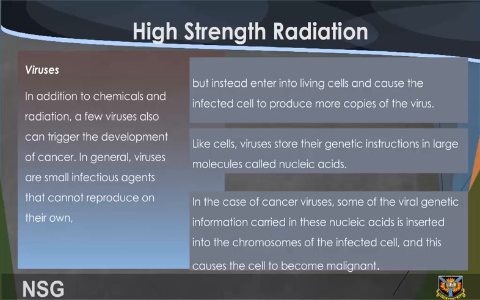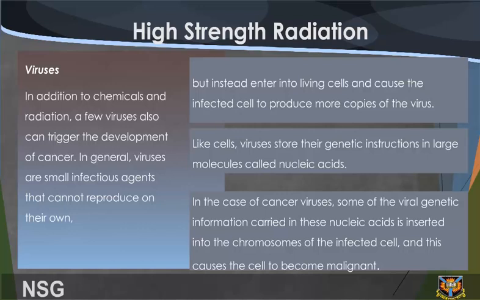Viruses. In addition to chemicals and radiation, a few viruses also can trigger the development of cancer. In general, viruses are small infectious agents that cannot reproduce on their own, but instead enter into living cells and cause the infected cell to produce more copies of the virus.